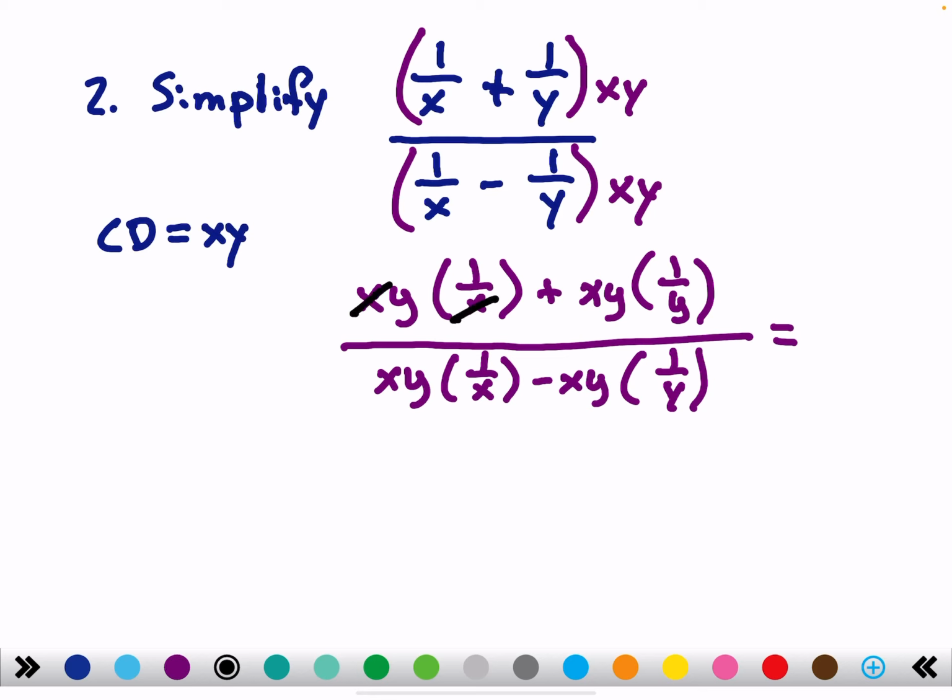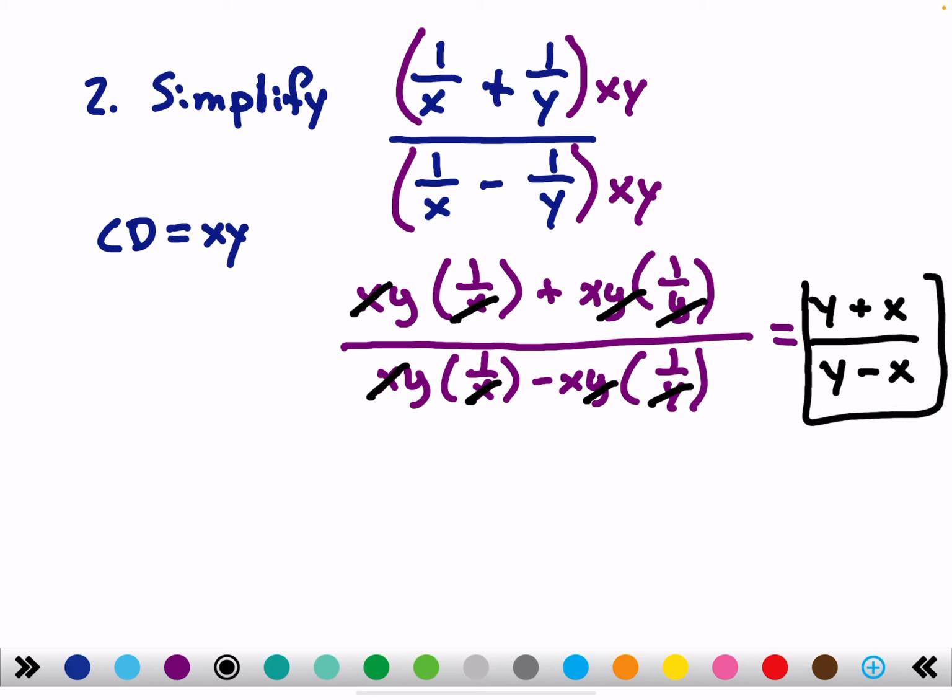So let's cancel out the like factors in both the numerator and denominator. And basically, in the numerator, y times 1 is y, plus x times 1 is x, so y plus x, over the denominator: y times 1 is y, minus x times 1 is x. So this is y plus x over y minus x.